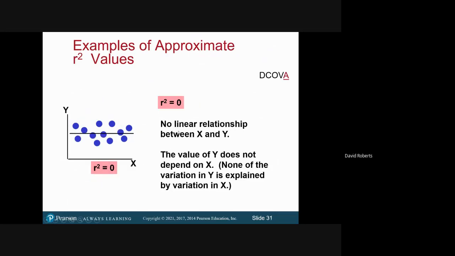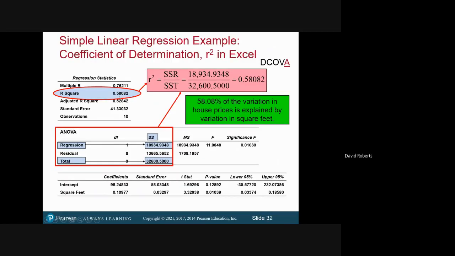If there's no relationship, R squared is 0, which would mean square footage has no influence on the selling price of a house. For example, if you included the weather, the temperature, well, intuitively, what does the temperature have to do with the price of a house? It would show up as a 0. So the R squared value is 0.58082.